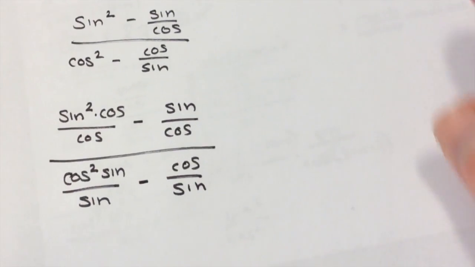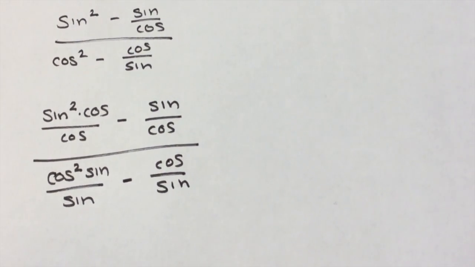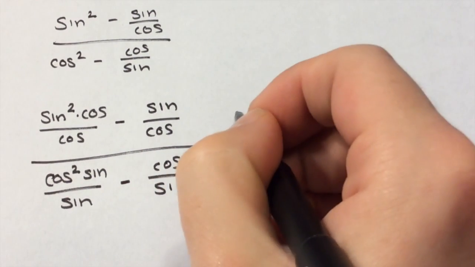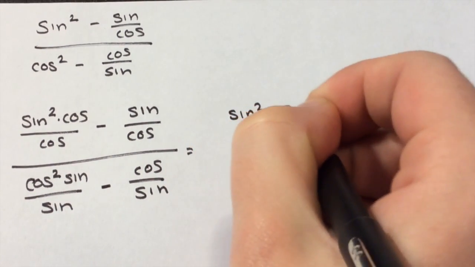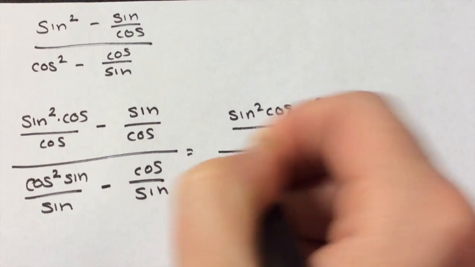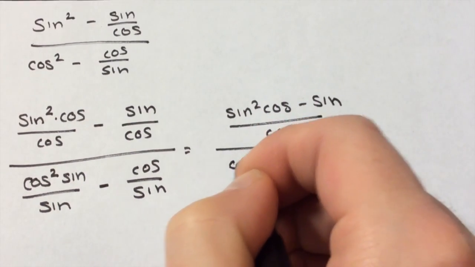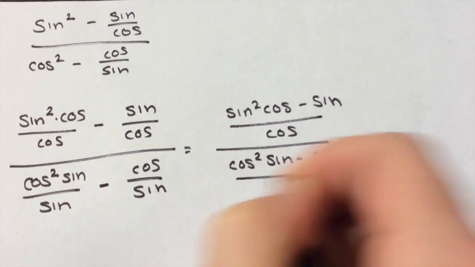So let's get that on the camera. Let's give ourselves a little bit more room. Okay, so I have sine squared cosine minus sine over cosine, divided by cosine squared sine minus cosine all over sine.